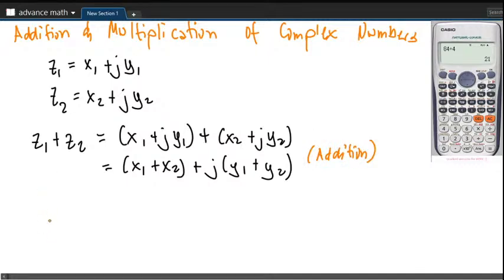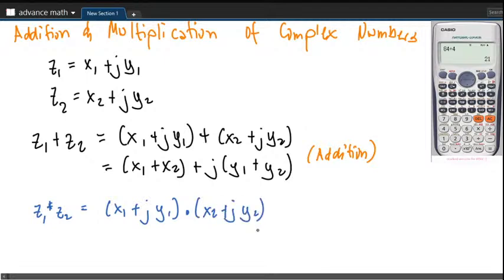If we are going now to go to multiplication, so we have z1 multiplied by z2, so we'll just use the asterisk here. Then we will have x sub 1 plus j y sub 1 times x sub 2 plus j y sub 2.